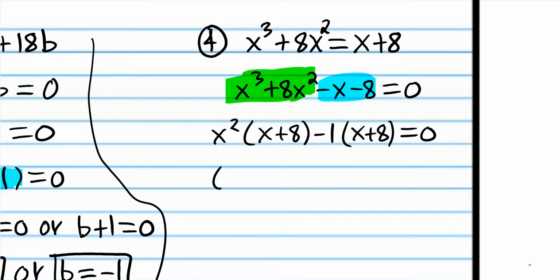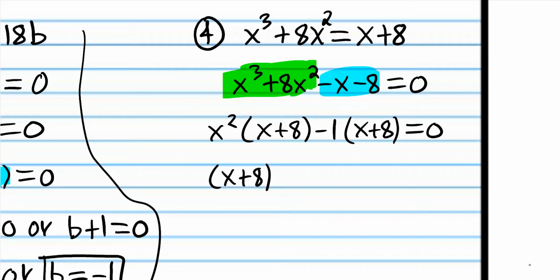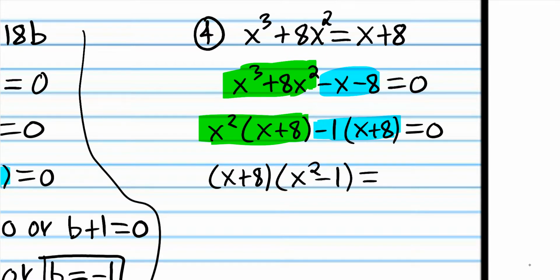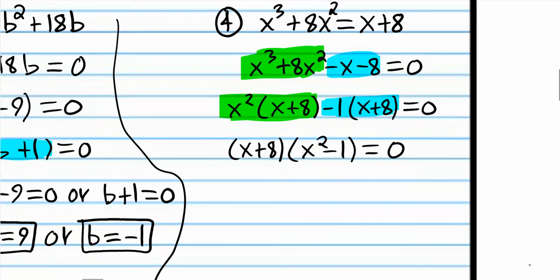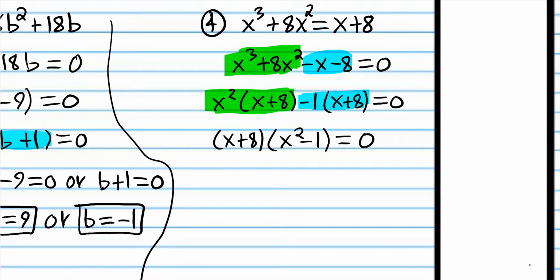Okay, so now we're going to factor out x plus 8 because x plus 8 is common to both those terms. We have a group here that has x plus 8, but we also have a group here that has x plus 8. So that means we can factor out x plus 8 from both those terms, and we're left with whatever's left, x squared minus 1. Now the problem is, this here is a difference of two squares.